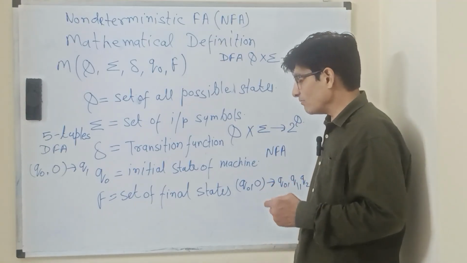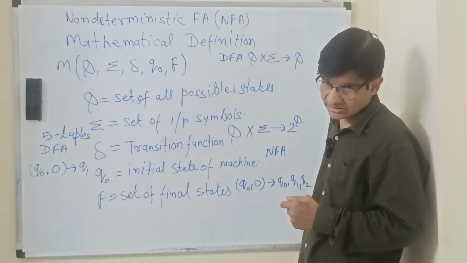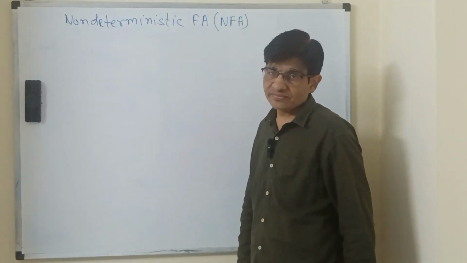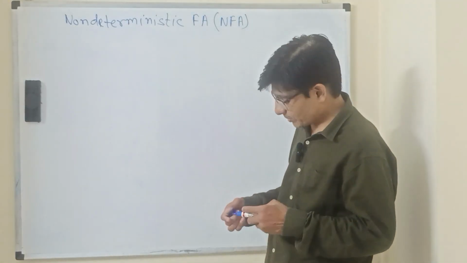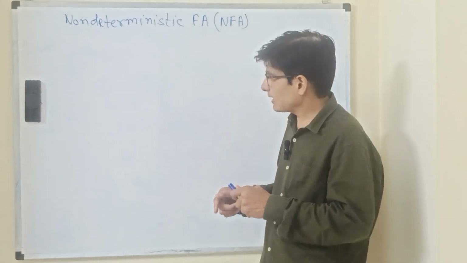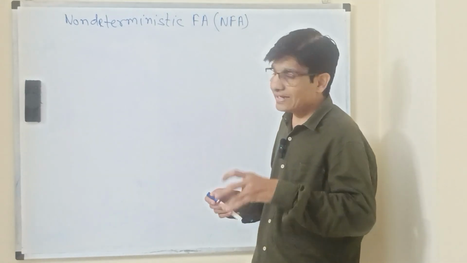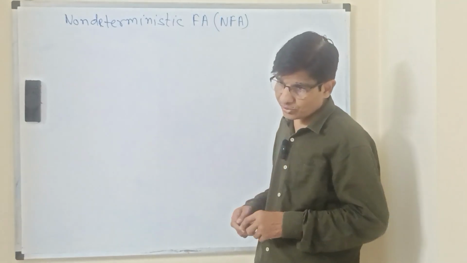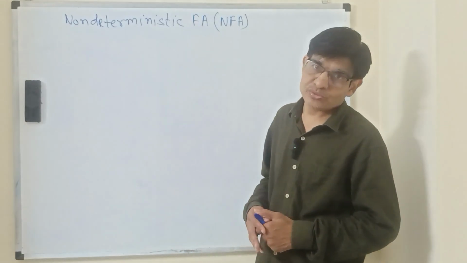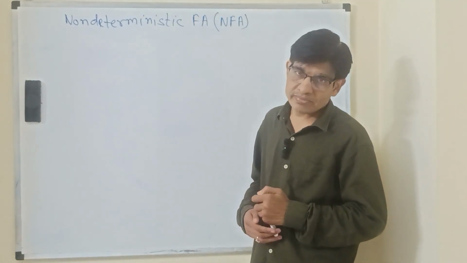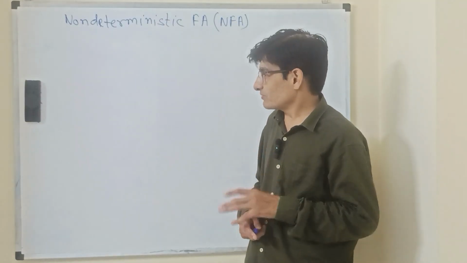And now I will take one example of NFA. So now, friends, we are going to discuss one example of NFA. Before discussing an example, I must tell you, as I told you, it is much easier to design an NFA compared to a DFA for any given set of strings.